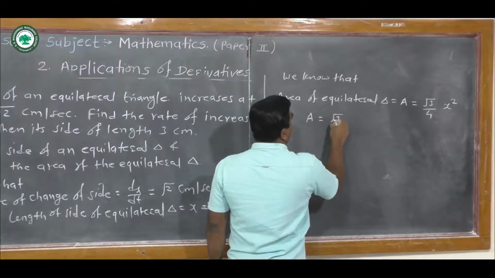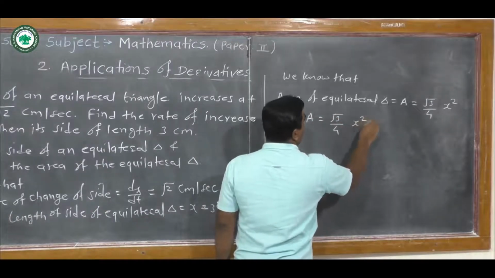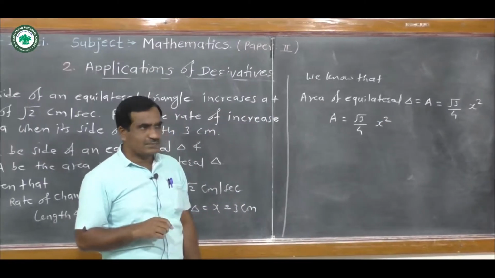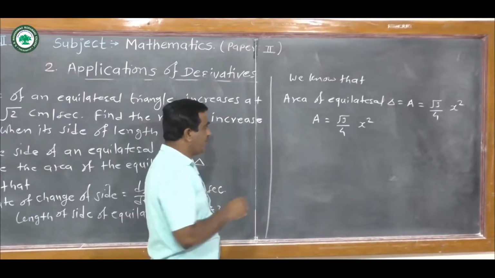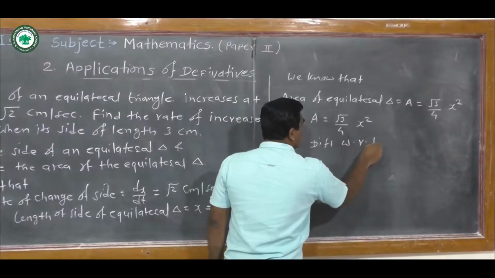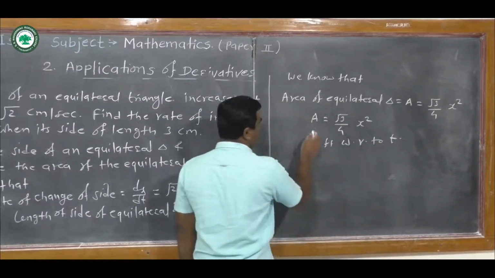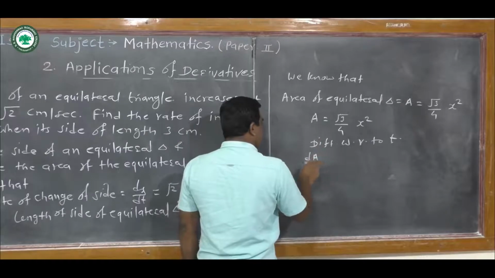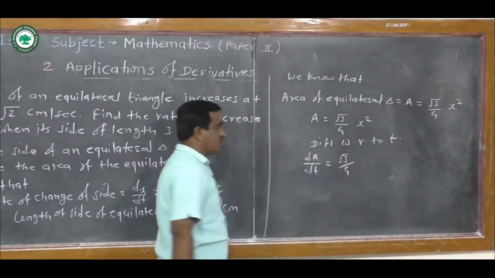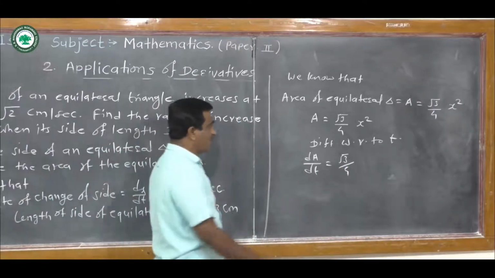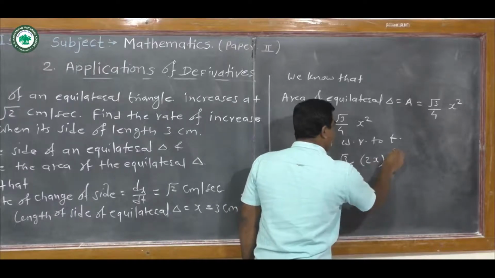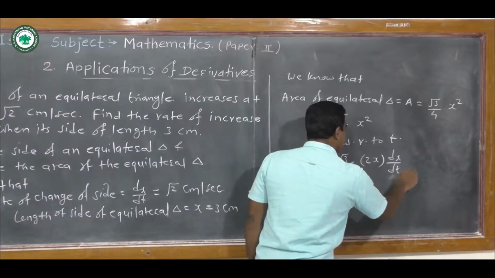Now consider this area here, A is equal to under root 3 by 4 into x square. Now here area and side both are functions of t. Differentiate this equation with respect to t. Therefore the derivative dA by dt is equal to under root 3 upon 4, which is a constant term, and the derivative of x square with respect to t is 2x into the derivative of x, dx by dt.